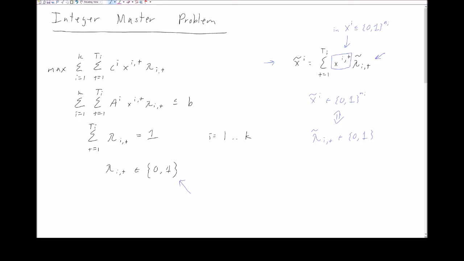And we should note that because x_i^t is always an integer vector and it's constant, the x tilde variables are going to be integer if and only if the lambda variables are integer. So this equation tells us that we have integrality in the x's if and only if we have integrality in the lambdas. We're going to use this to expand on our column generation procedure so that we can solve integer programming problems.